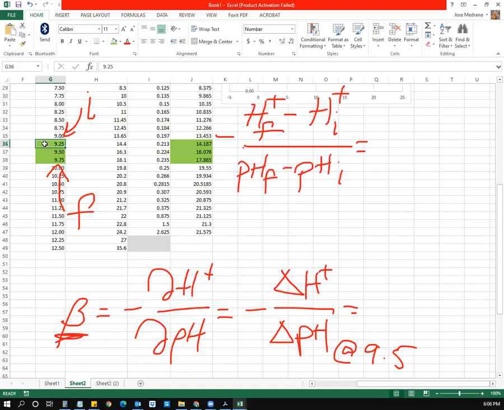So where do we get these values from? Of course, we're going to get them from our data. The millimoles of protons final is going to be 17.865. Oh, I'm forgetting that there was a negative sign back there.